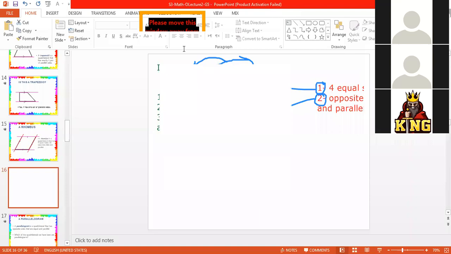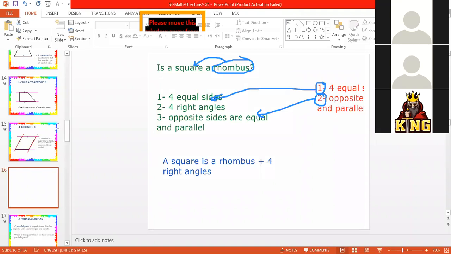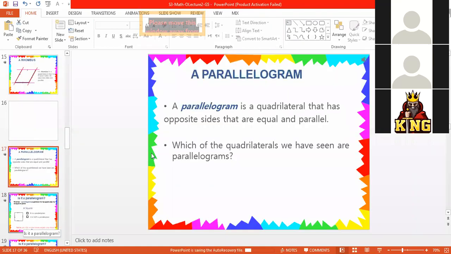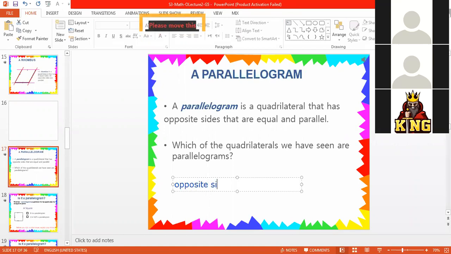Let us continue. Do you agree? Now a parallelogram. The parallelogram, as I told you before, has only what? Only opposite sides that are equal and parallel. Okay? Clear?